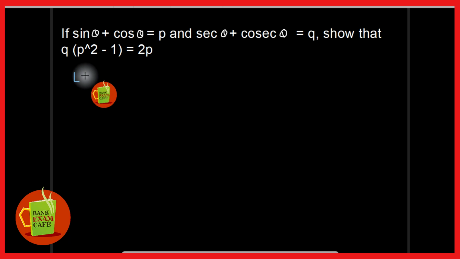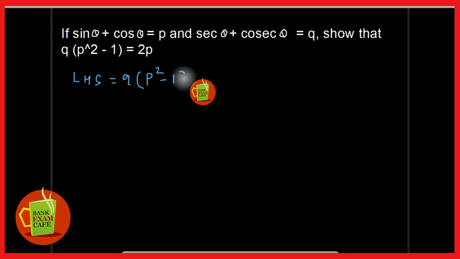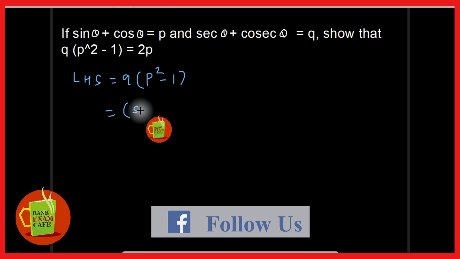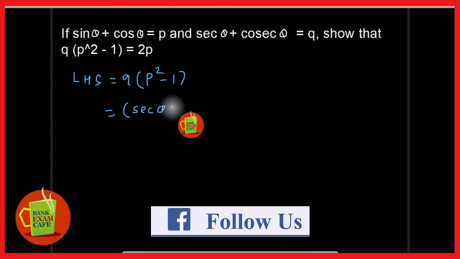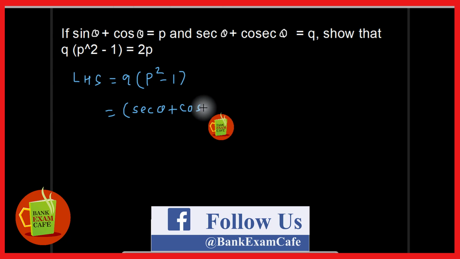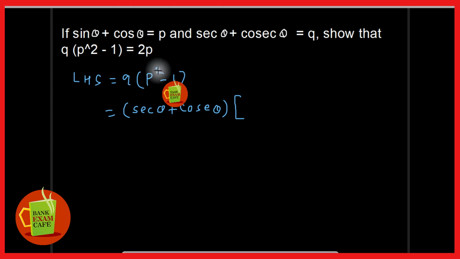First we will take LHS is equal to Q into bracket P square minus 1. Now what is Q? Q is sec theta plus cosec theta, into P square.